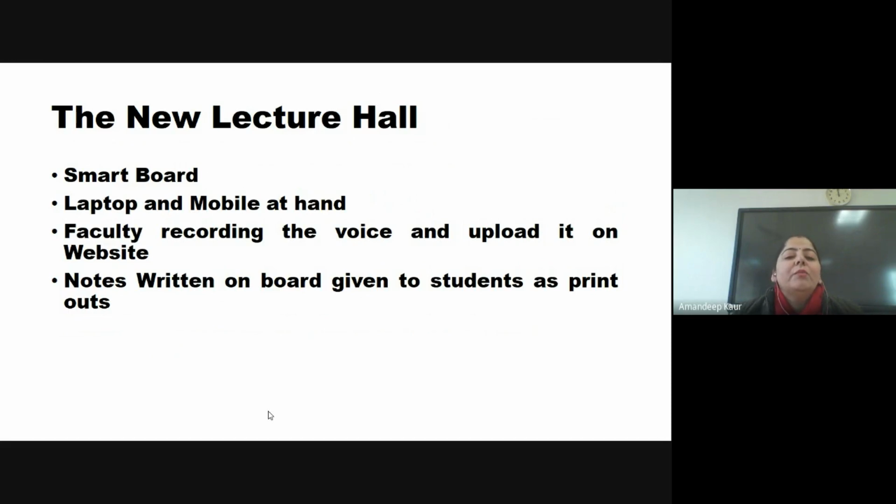Notes written on the board are given to the students as a printout. So in that new lecture hall, in the time to come, there may be a facility available to all of you, a podium where you can display information, you can record the notes also, and at the same time you can take a printout just by giving a command and give those notes to the student population.